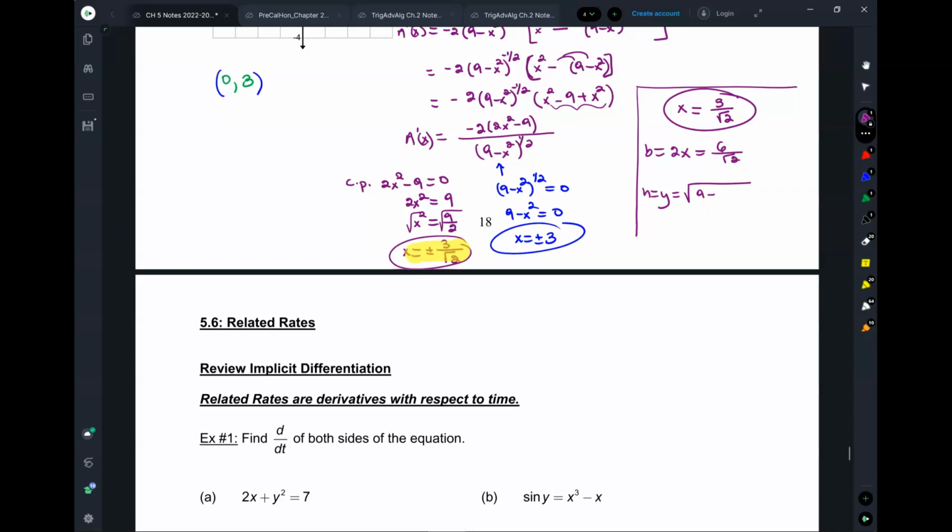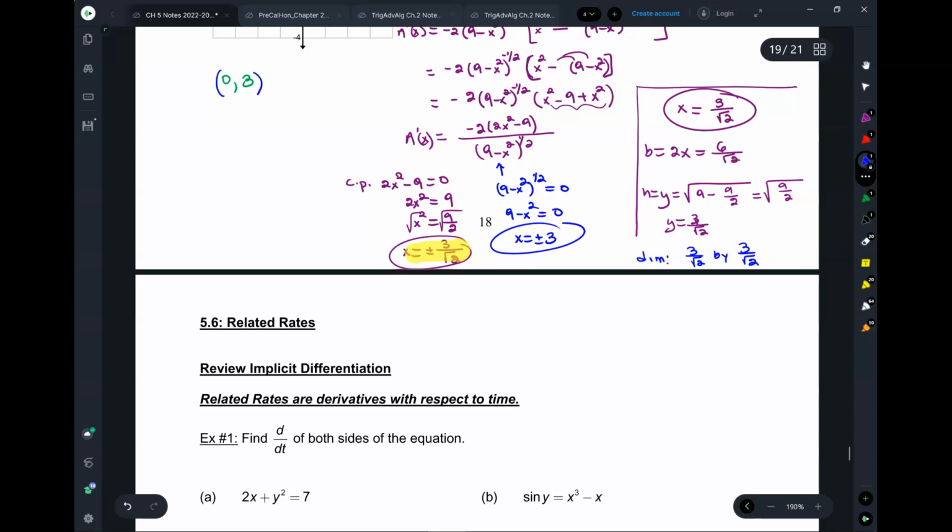When you square that, you get 9 over 2. Okay, so let's see how much that is. 9 minus 9 over 2 is the square root of 9 over 2. So the y is 3 over root 2. So the dimensions are 6 over root 2 by 3 over root 2.